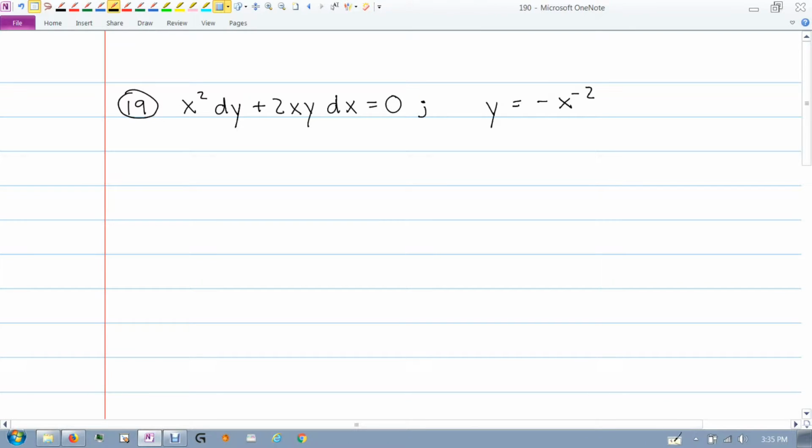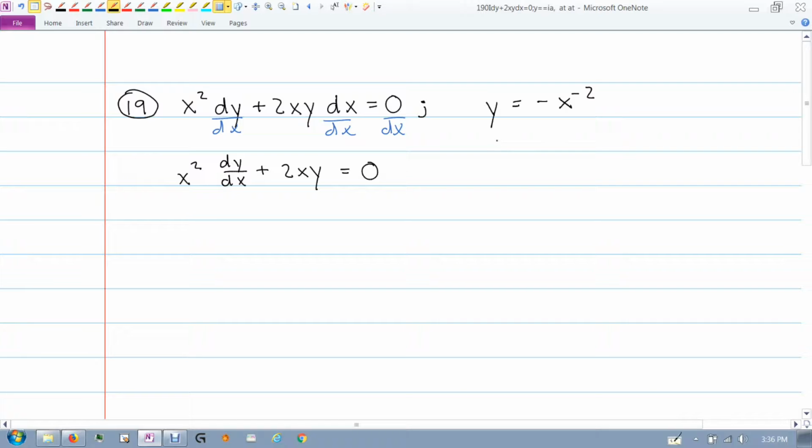That was the one that I accidentally used for the previous problem. So we're going to need to first divide through everything by dx. And when I do that, we're going to have x squared dy dx, so we only need the first derivative here, plus 2xy equals 0.